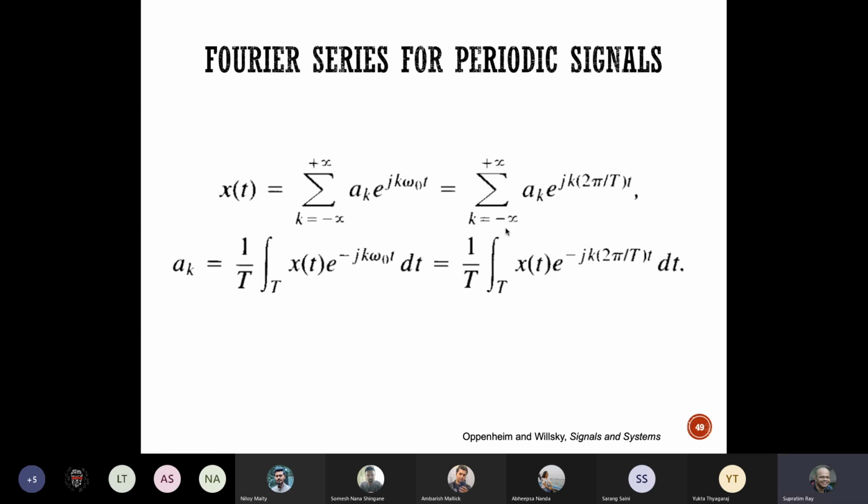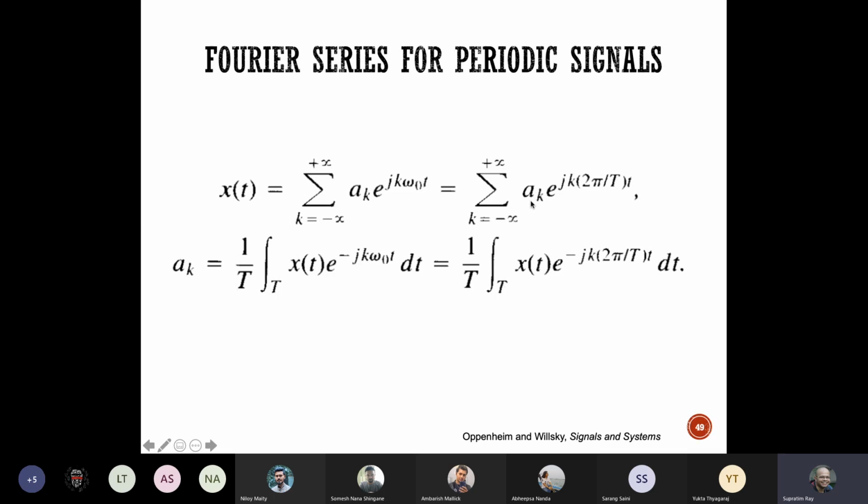And a_k is given by this formula here. It's just the integral of x(t) given by this. So this is a continuous signal, but the Fourier series expansion is discrete in the sense that the Fourier series is not an integral, it's a sum.